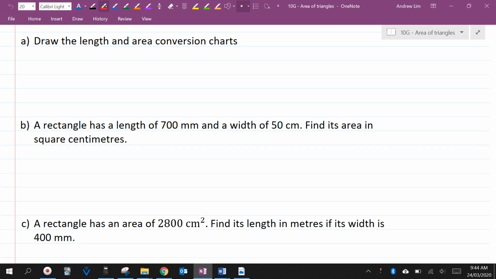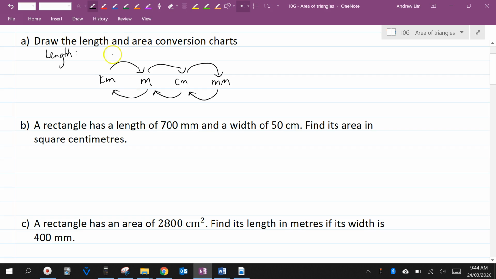Okay, so welcome back. I'm going to have a look at length first. So we've got kilometers, meters, centimeters, and millimeters. Clockwise direction. Top is times. Bottom is divide.